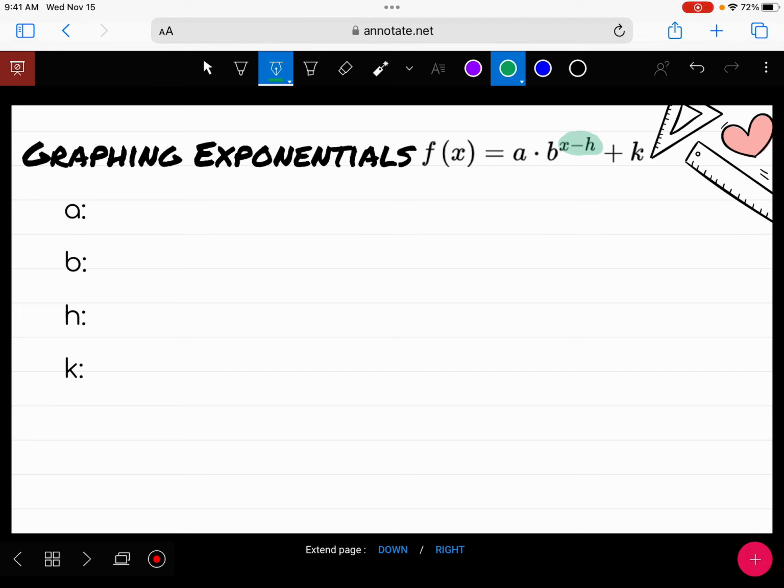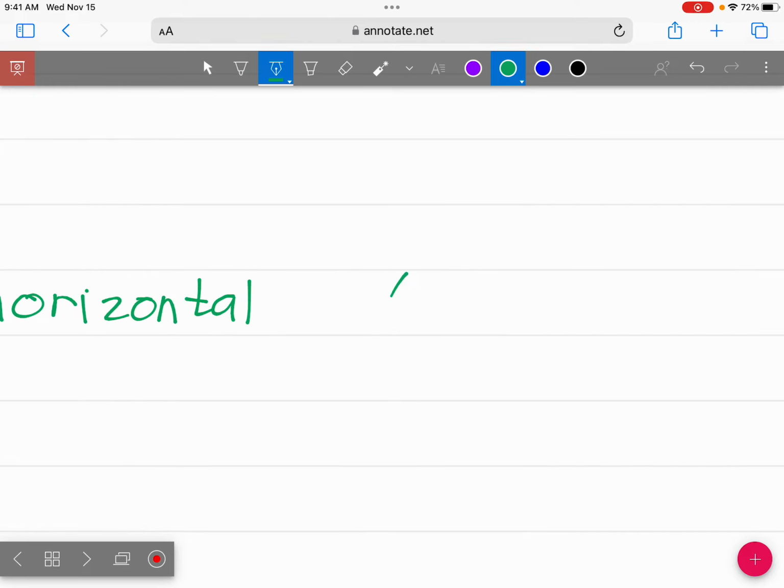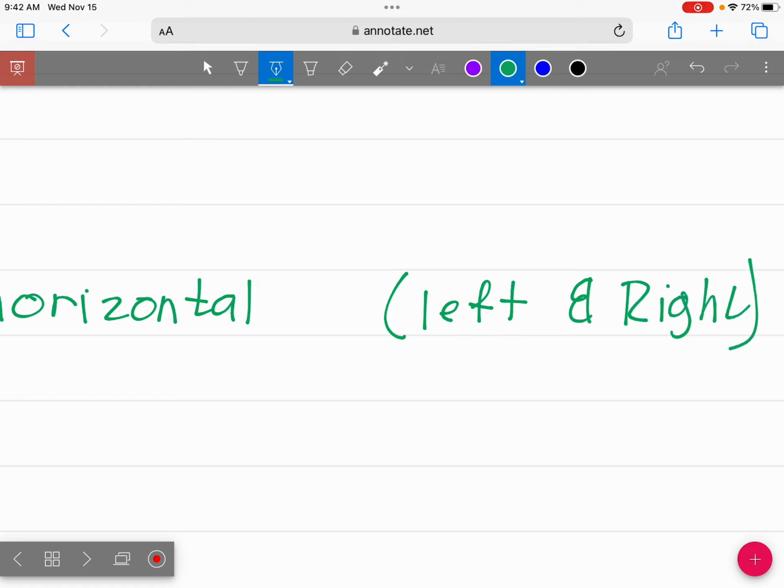But all it is that it follows the formula. It has the opposite sign there, and H does what transformations? Left and right. It is our horizontal transformations. That's a T. There we go.